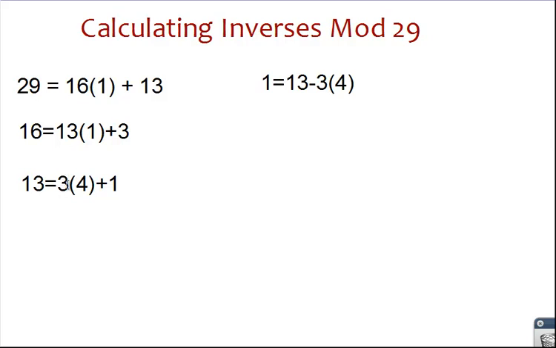So instead of 3, I know that 3 is 16 minus 13. I'm solving for 3 in the next step up. So this is 13 minus (16 minus 13) times 4. This 4 is the multiple of 3. And we simplify that a little bit.